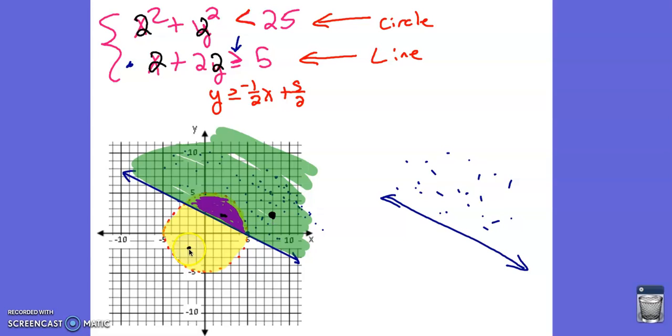If you tested a point right here, it would work for the yellow, but it would not work for the blue line. If you tested a point over here, it wouldn't work for either one of them. So you're trying to find the points that would work for both, and every point inside of here would work. There's an infinite amount of points inside of that section right there.